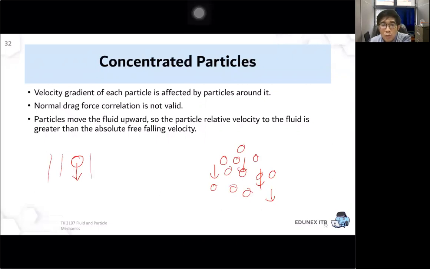But if you consider a lot of particles falling down, then some of the particles may cause the fluid to flow. So the particle relative velocity, or the slip velocity, will be different from a single particle falling. That's the phenomenon.